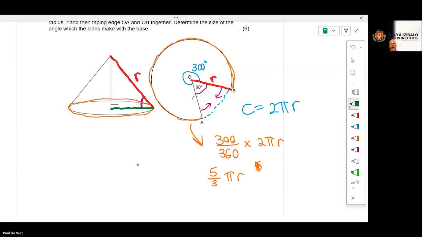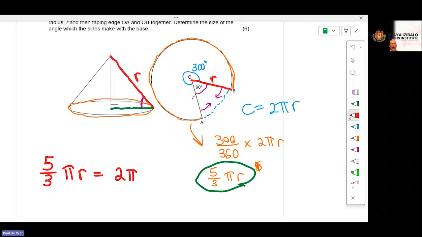This is just the radius of a circle with this circumference. Remember the formula for circumference is 2 pi r. So 5/3 of pi r must equal 2 pi r1.